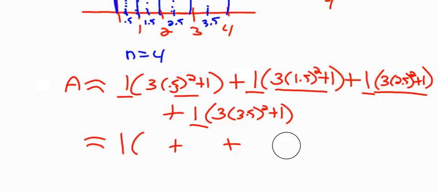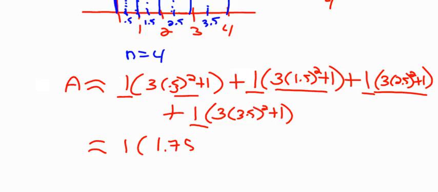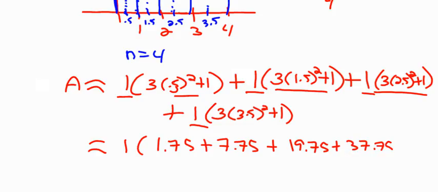So from here, though, if you do all the calculations, I get approximately 1 times the sum of 1.75 plus 7.75 plus 19.75 plus 37.75.